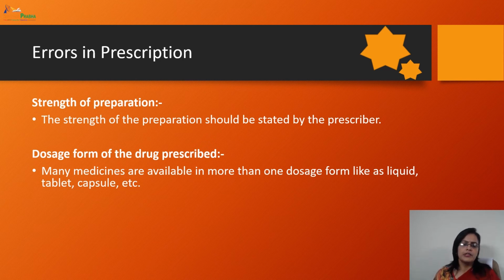For example, if paracetamol syrup is prescribed, whatever the brand name, paracetamol tablet is also available. But if the paracetamol syrup is not available in stock, the pharmacist should not give the paracetamol tablet instead. This should not be practiced.